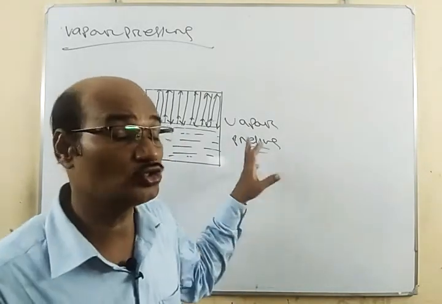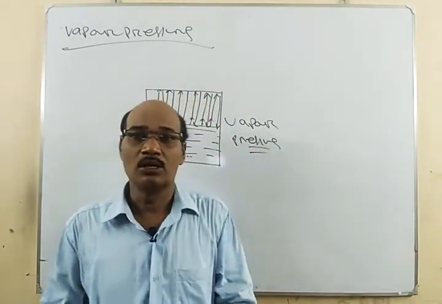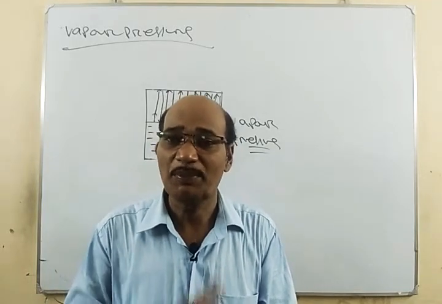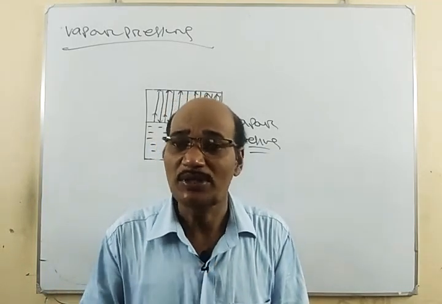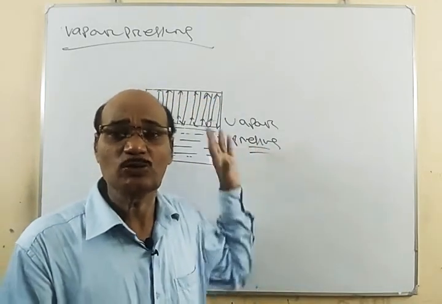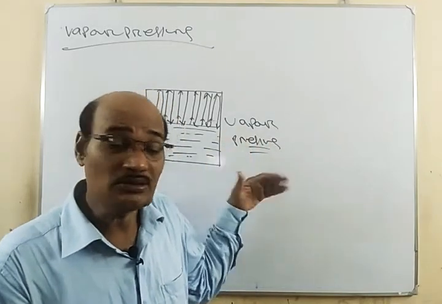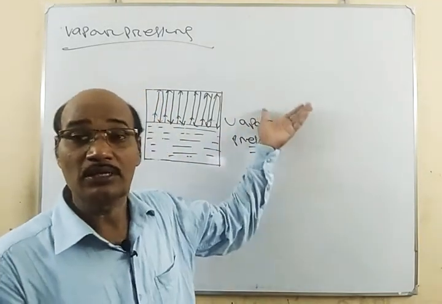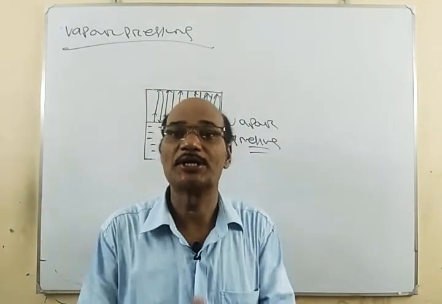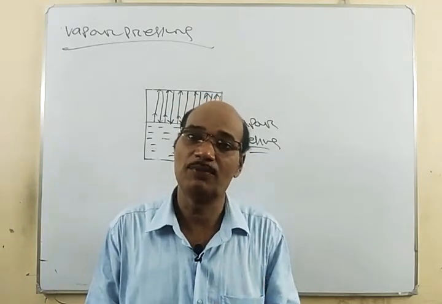So it is also called equilibrium vapor pressure. Vapor pressure is the pressure exerted by the vapors at the equilibrium conditions where the water particles are converting into vapor and vapors condensing into liquids at equal rates, and the pressure at that position is called vapor pressure.